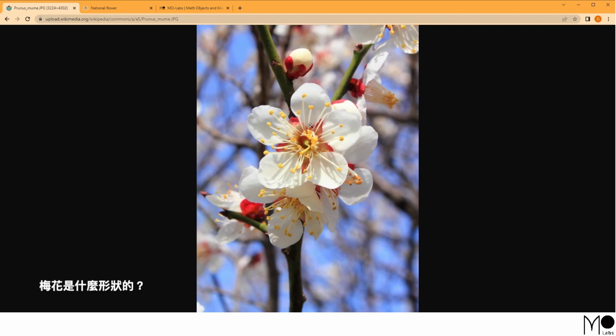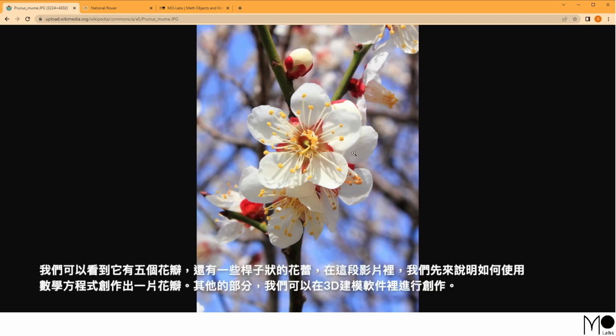You can see here the stick sticking around, and then it has 5 nicely curved petals. And today I'm only going to explain how to create the shape of one of these petals, because then in a 3D modeling software it will be relatively easy for you to combine them to obtain a whole flower.